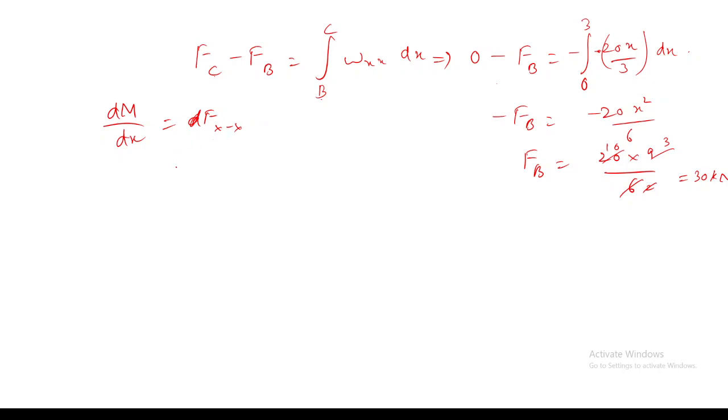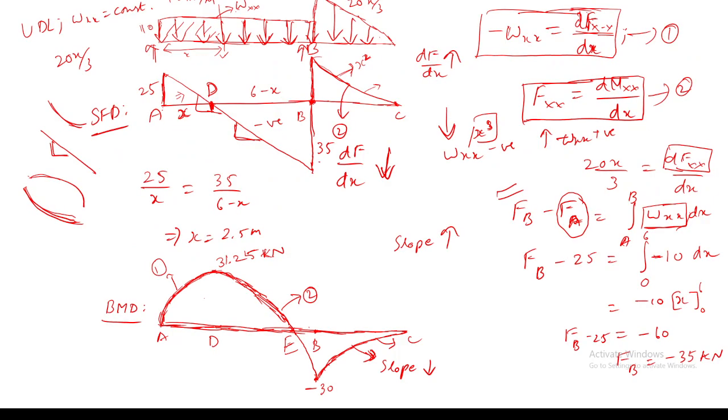So if I want M, it equals the integral of F(x) dx, integrating from A to D. On the left-hand side, I will get MD minus MA equals the integration from A to D of F(x) dx. And what does F(x) dx mean? It is the area of this triangle, this portion, right?